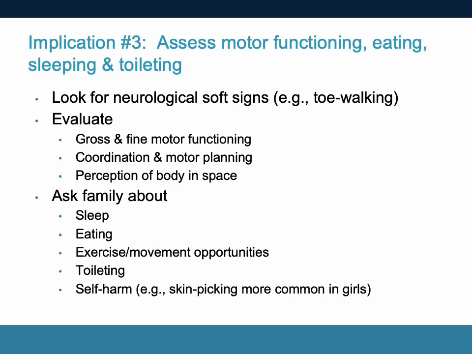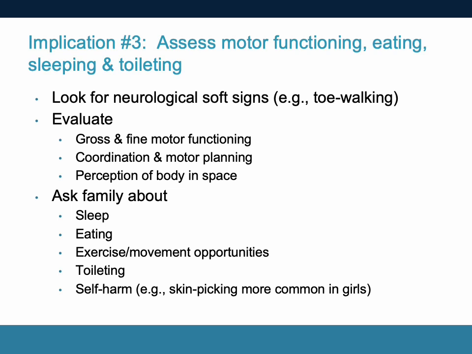A third implication we want to consider in our evaluations of young girls is, I think it's really important to pay attention to motor functioning, eating, sleeping, and toileting. All of these things could be looked at as lifestyle factors that either help us have a good quality of life or can get in the way. They also have a lot to do with your overall neurological integrity and really speak to how well organized the nervous system is.